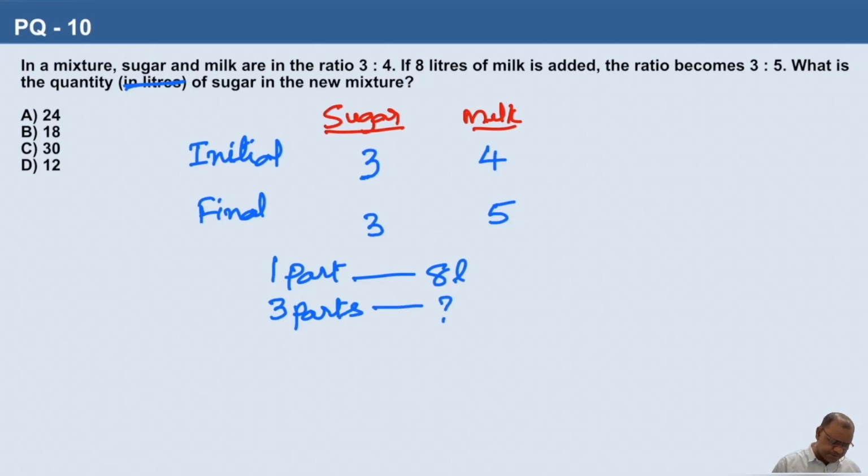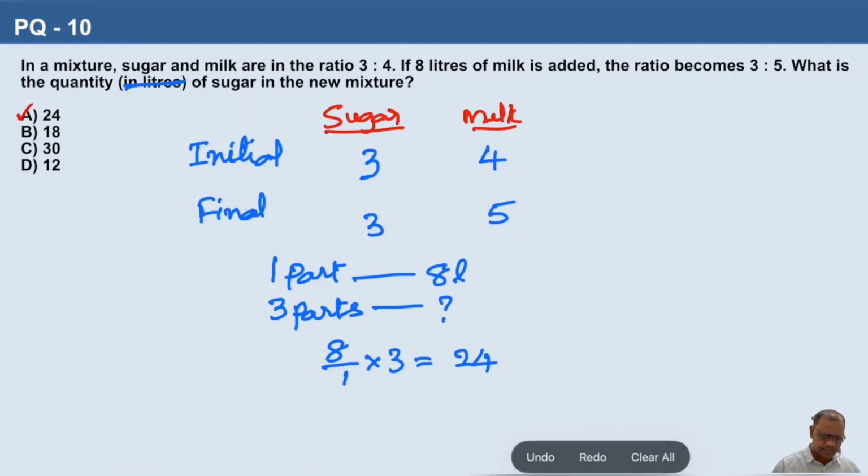So if you simplify this, 8 by 1 into 3, which is equal to 24. 24 is the weight of sugar. So that is in kgs actually. You should take it in kgs. So here the correct answer is 24. Option A is the right answer.